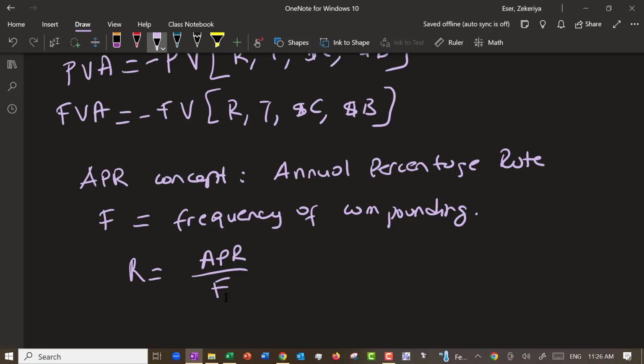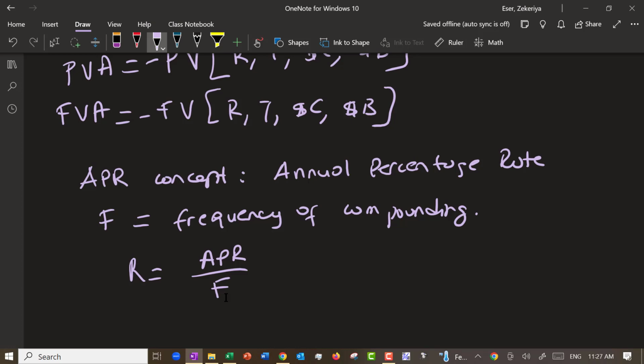You go get a car loan and they tell you, okay, we can finance you at 6%. But you make the payments monthly. That doesn't mean monthly interest rate is 6%. That means APR is 6%. And if you're making the payments monthly, F is the number of payments in a year. Okay? That's 12. That means your R is going to be 0.5%. If you're making payments semi-annually, which means twice a year, APR is 6.